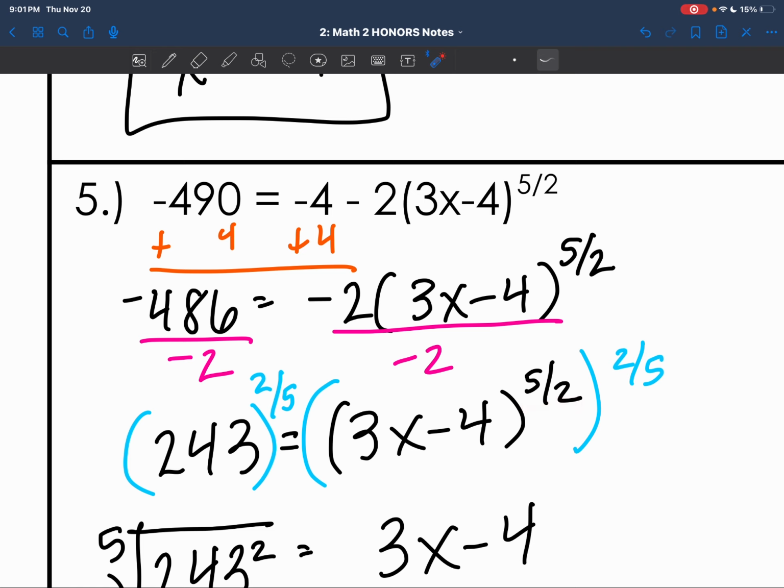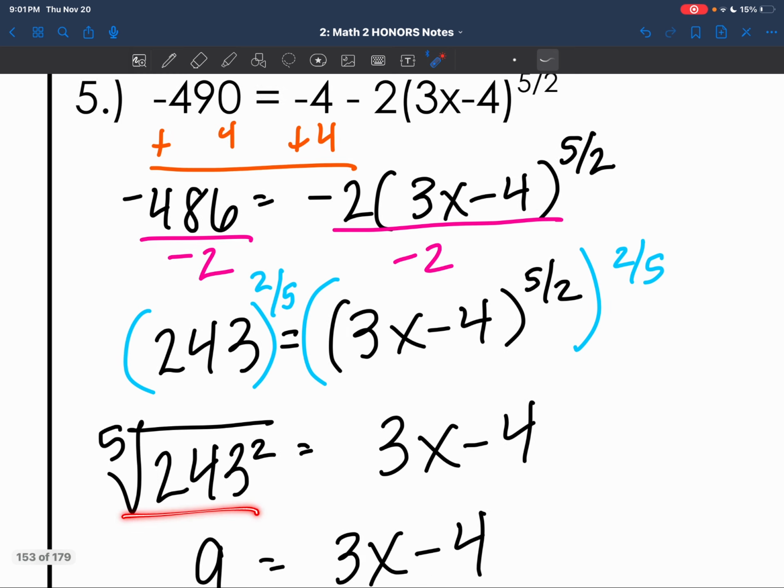Now that we've got this part isolated, we can take the reciprocal, 2/5, and we raise the other side to the 2/5 also. You can rewrite it like this, or you can just plug it into your calculator. I like the exponents better, but you can do either way.